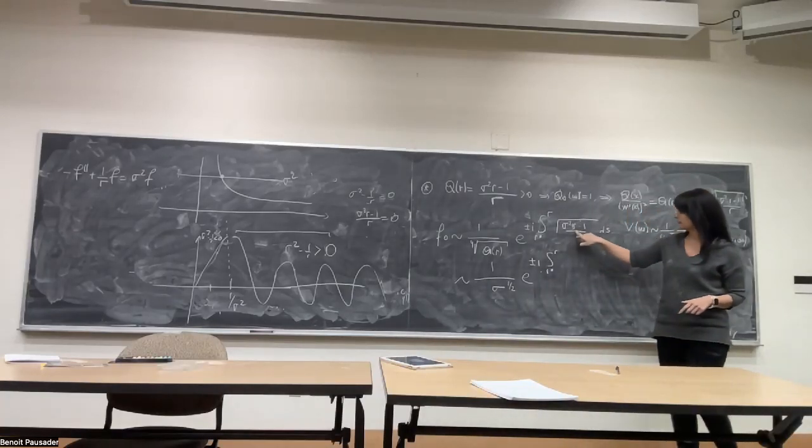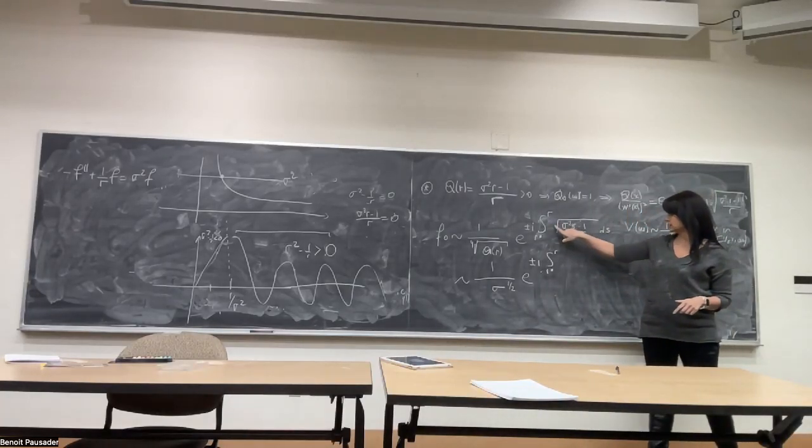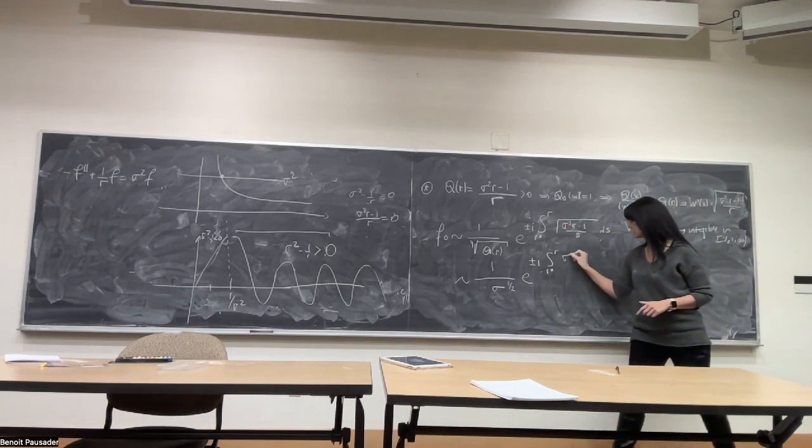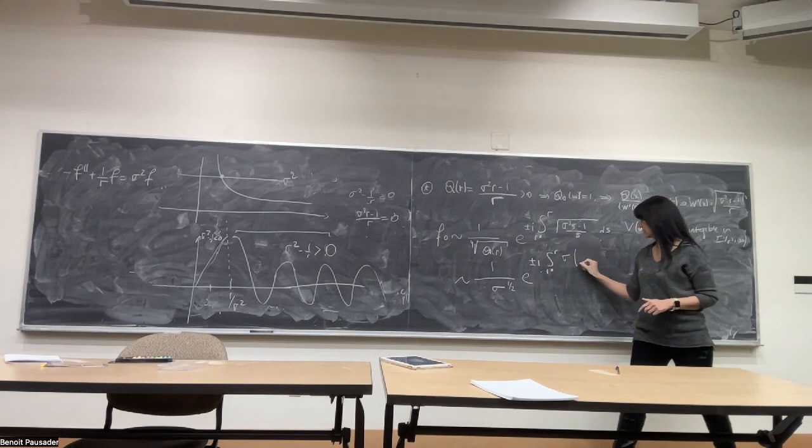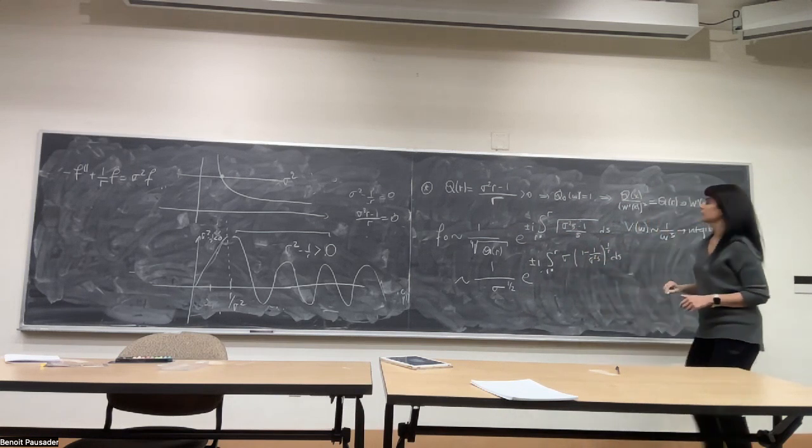Now, this is going to be bigger than 1, so I will take sigma out. Then I will have 1 minus 1 over sigma squared x to the 1/2.